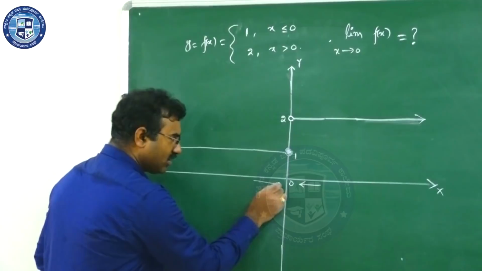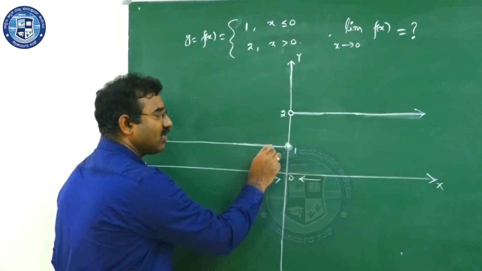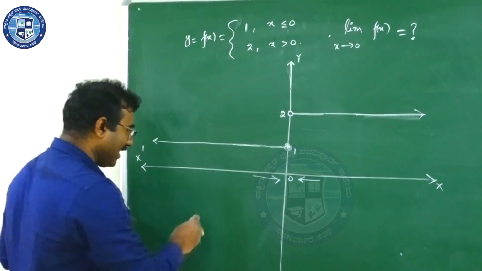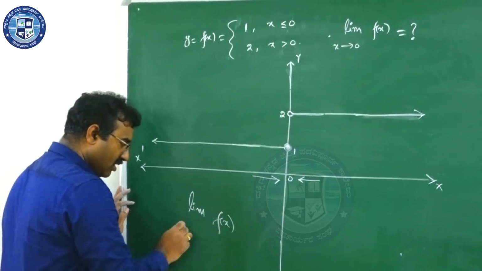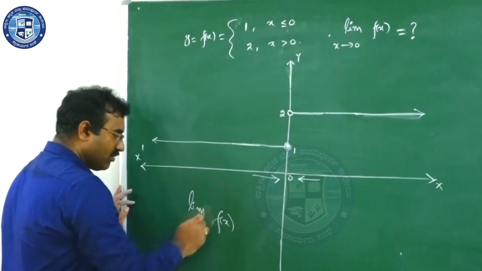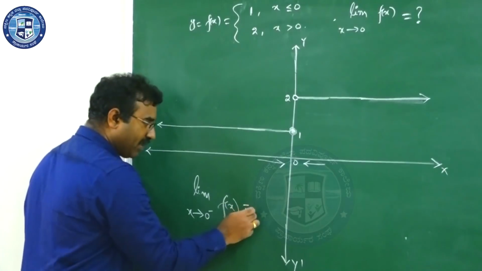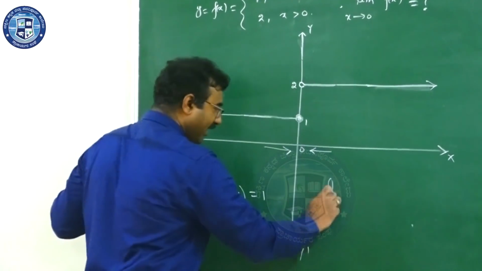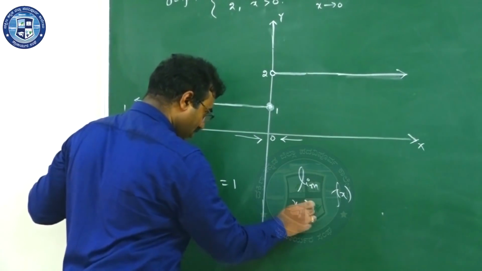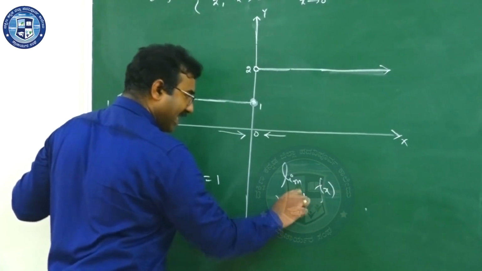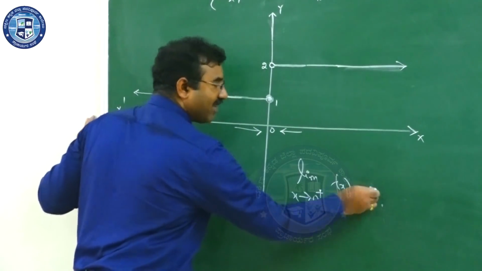But when you are coming close to 0 from the left hand side, the y value is fixed, it's 1. That means what I can write now: the limit of the function f(x) when x is coming close to 0 from the left hand side, you are getting 1. And the same way, the limit of f(x) when x is coming close to 0 from the right side, you are getting the value 2.